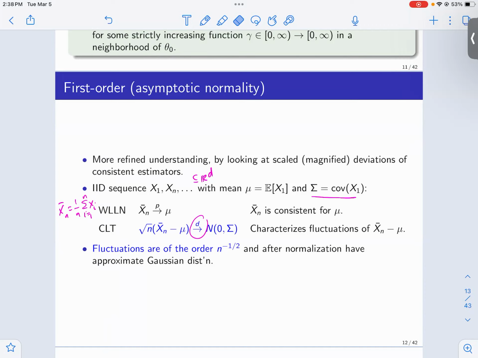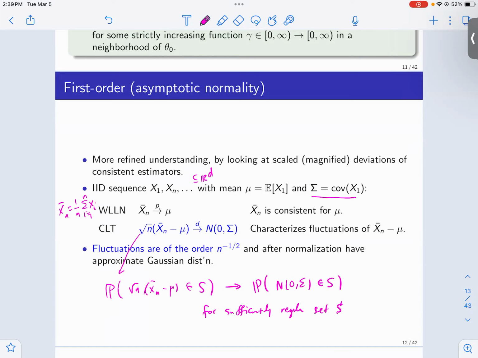It's weaker than convergence in probability. Roughly, the distribution converges, in the sense that the probability that this belongs to a particular set converges to the probability that the normal distribution belongs to that set, for sufficiently regular sets S.